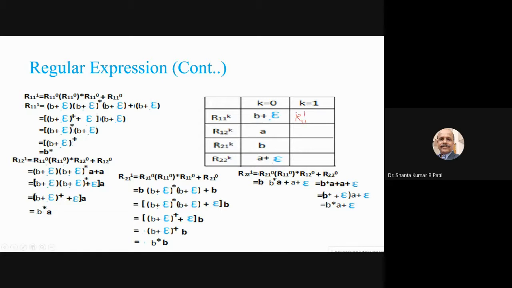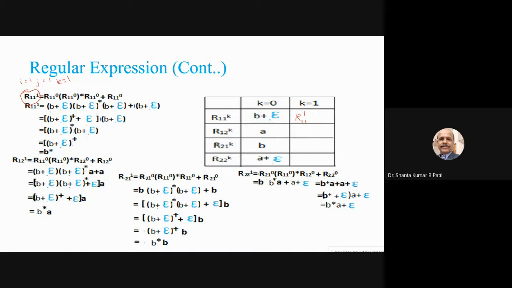So here you can find R 1 1 1. In this case, the i value is 1, j is 1, k is 1. So use the equation R of ijk. The i value is 1, the j value is 1, and the k value is also 1.